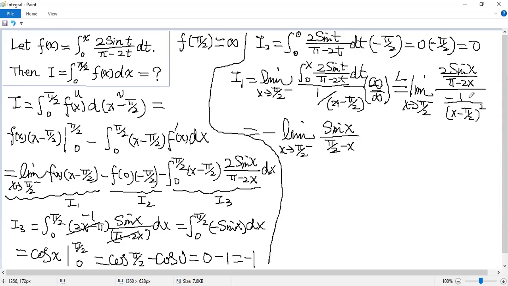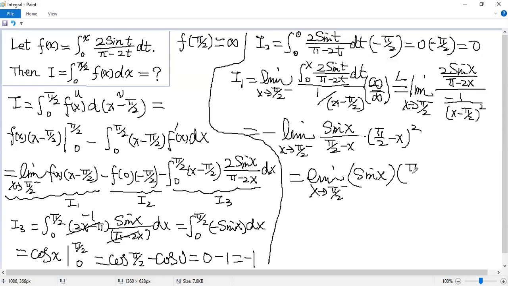Then we multiply the reciprocal, and I change the order, so times (pi over 2 minus x) squared. Then I cancel one factor. So we get the limit as x approaches pi over 2 from the left of sin x times (pi over 2 minus x). We know the limit of sin x as x approaches half pi is 1, but the second factor is 0. So the outcome is 0.